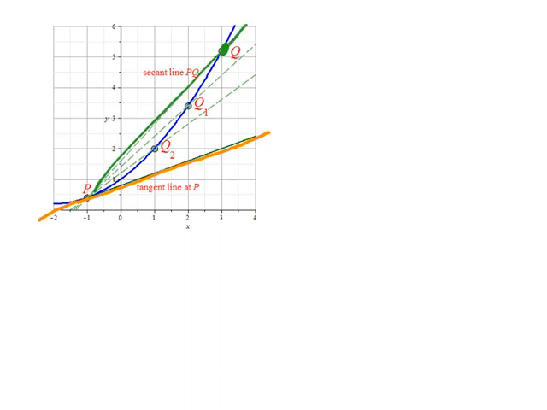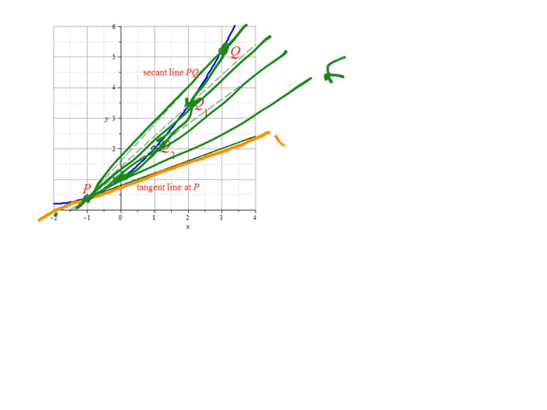If I bring that down there, then I've got this line, keep going, I've got another line, goes there, and so on. So as you can see, the gradient of the green line is getting closer to the gradient of the orange line at all times.